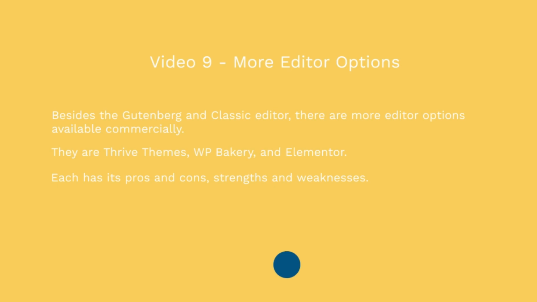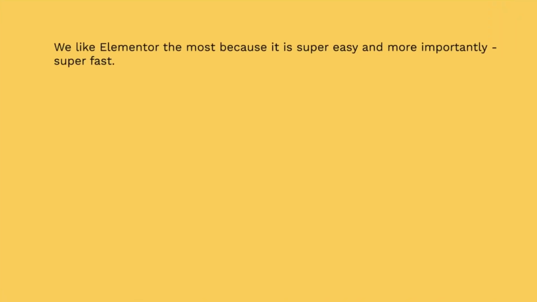So you saw Gutenberg. Most of these are very similar to Gutenberg and they utilize blocks, but they just look a lot nicer and they have a lot more options. So that's really the main difference. We like Elementor the most because it's super easy and, more importantly, super fast. One thing to note is that as you begin to add more plugins to your WordPress site, it will actually slow things down.